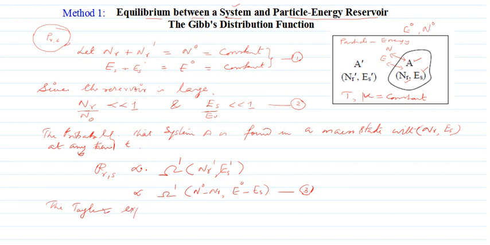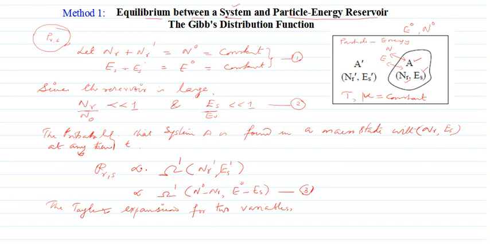Let me first write that the Taylor expansion equation is given by, f of x, y can be expanded about some values a and b, about the point a and b.